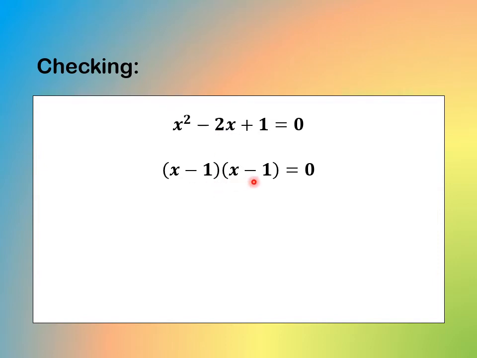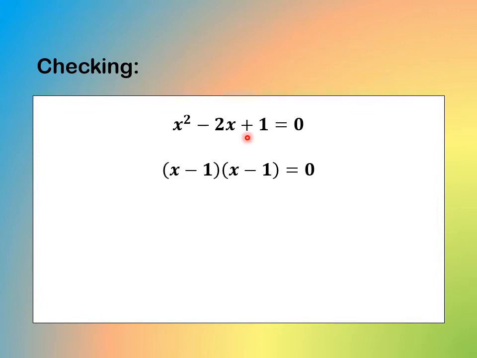Now, look at the sign. Okay? The sign of the binomials are the same. Okay? Parehas na negative. Bakit? Kasi, if we have to look at the sign of the last term, kapag ang sign ng last term natin ay positive, ang sign ng binomials natin ay parehas na positive or parehas na negative.